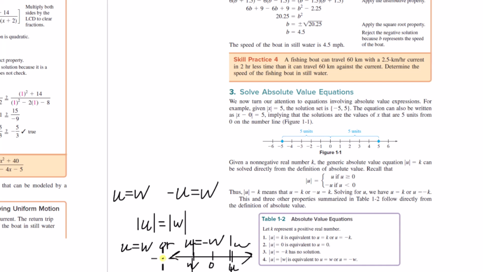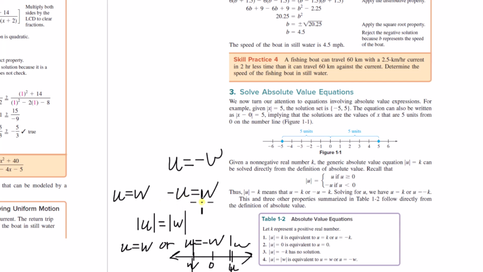Okay, now here both w and u are negative, and so in that case you get minus u is equal to minus w. But because of the symmetry, we have the same equation, right? You multiply both sides by -1, you get u is equal to w. And even in this case, if we multiply this by -1, you get u is equal to minus w. It wouldn't matter which one we chose to be the minus or the plus.